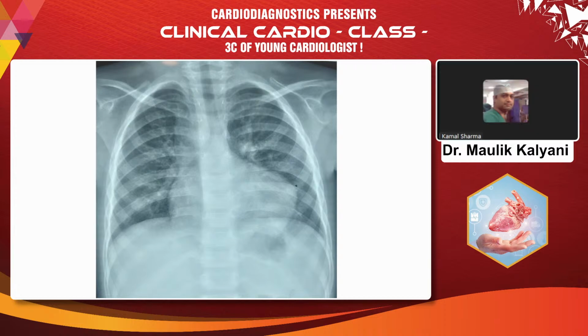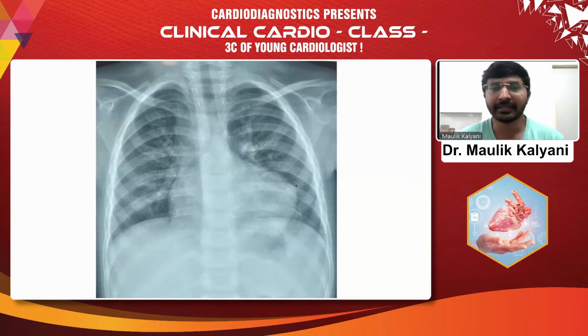So right aortic arch, how often is it present in tetralogy? Around 5 to 20% of cases, and if associated with atresia, then it is more than 25%.